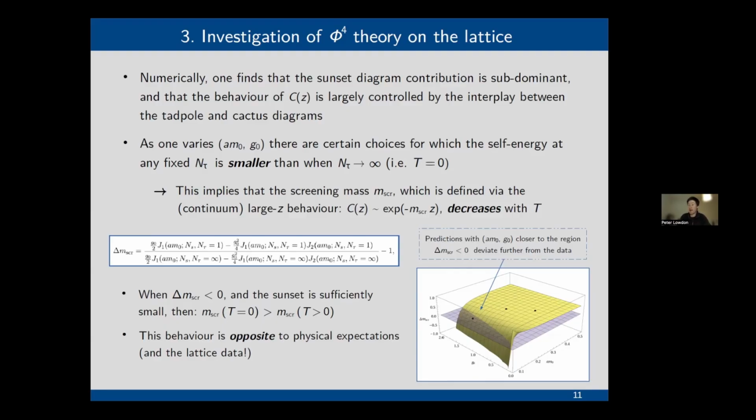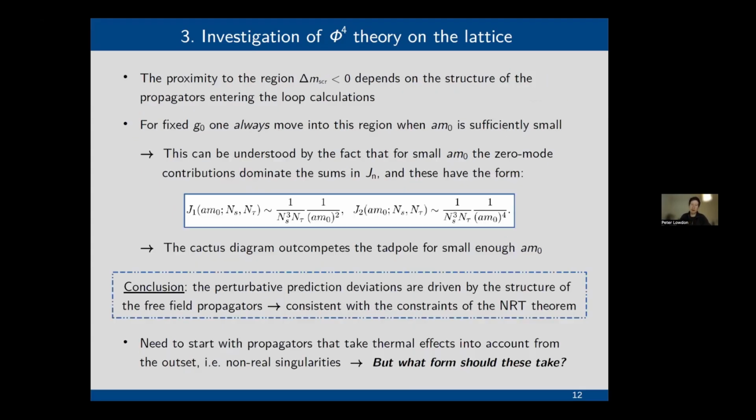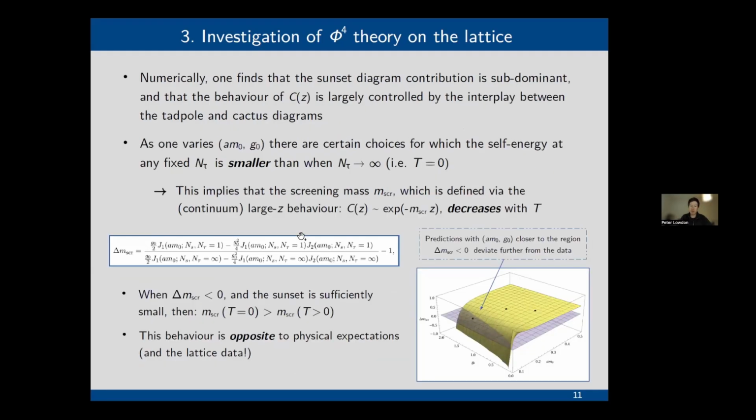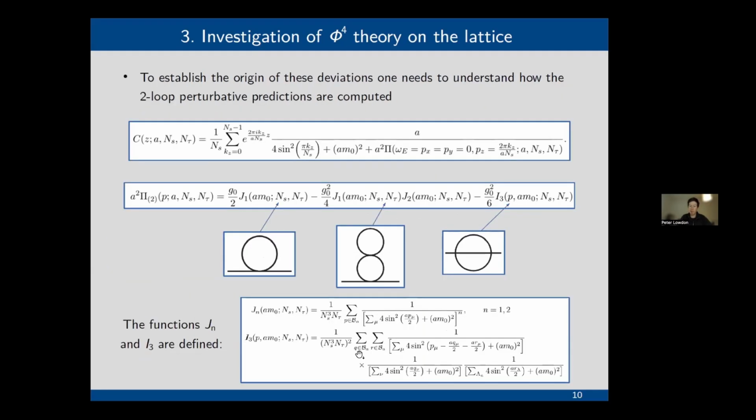So what that is just telling you is that it's an infrared problem. It's driven by the infrared dynamics of your theory. And it turns out that it's just driven by the infrared structure of your propagators that enter into the loops. So if you go to sufficiently small bare mass, you're dominated by the zero modes. The zero modes are just, as the name suggests, the zero momentum components of these sums.